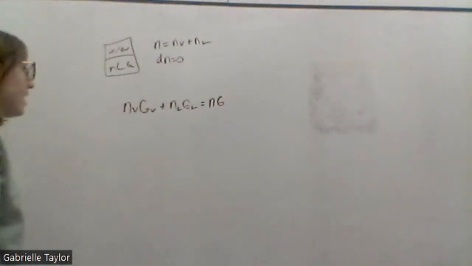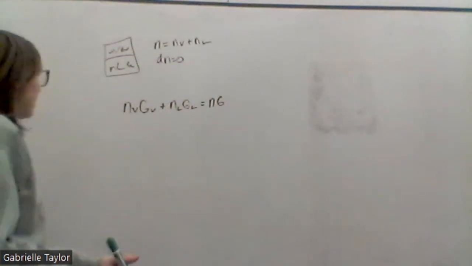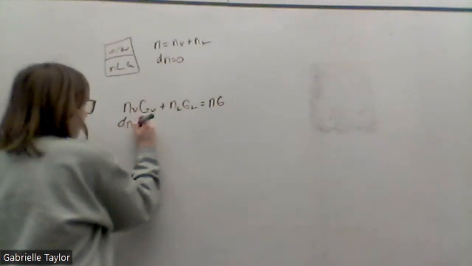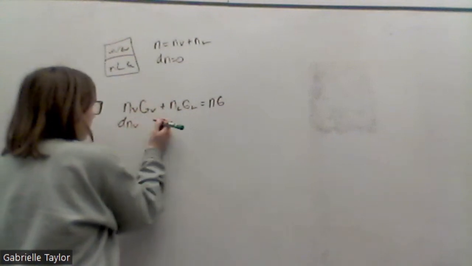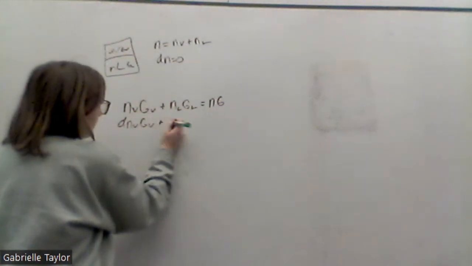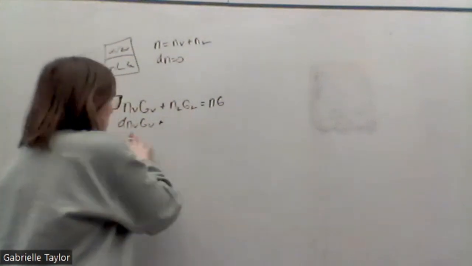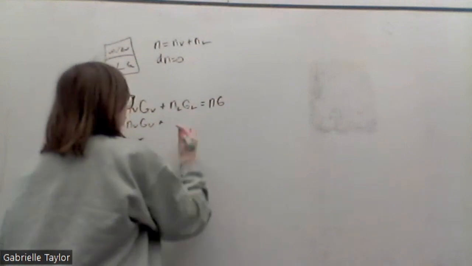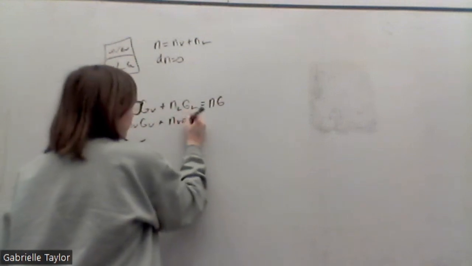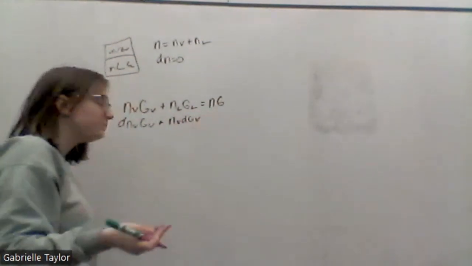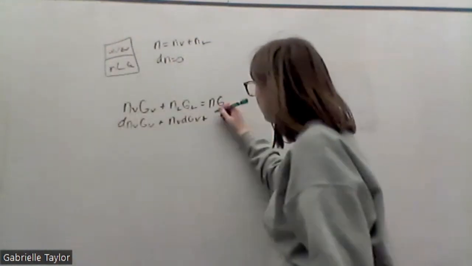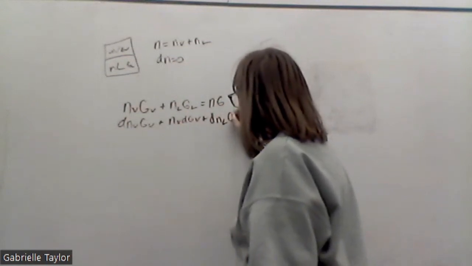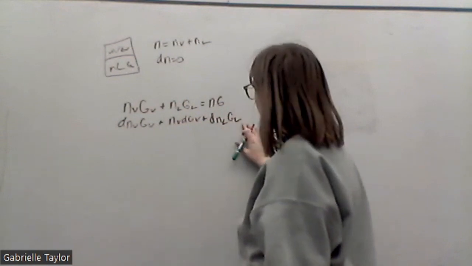Okay, so now if we take the derivative of this, we get the differential change of moles in the vapor times our Gibbs in the vapor plus, and this is going to be product rules, so we have our moles in the vapor times our differential change of the Gibbs in the vapor, and then we have our differential change of moles in the liquid times our Gibbs in the liquid.